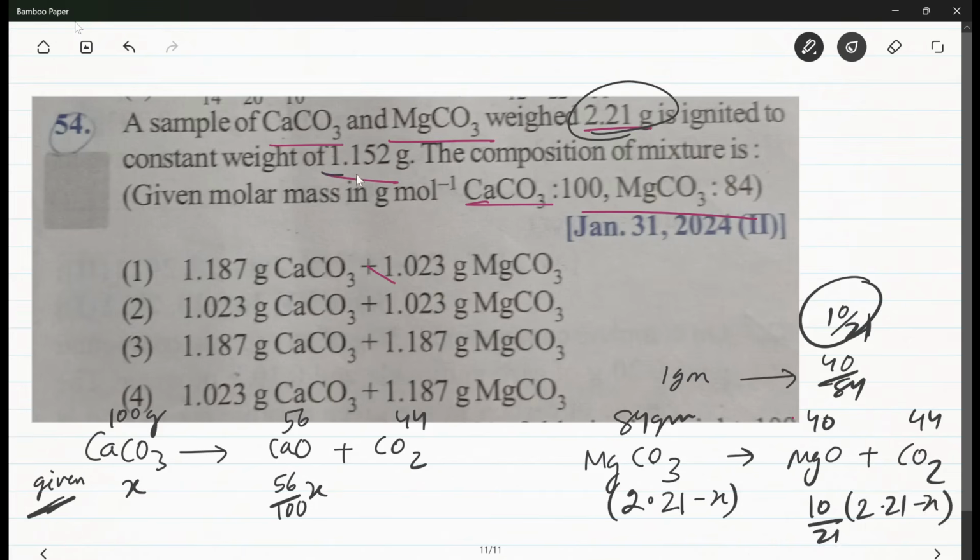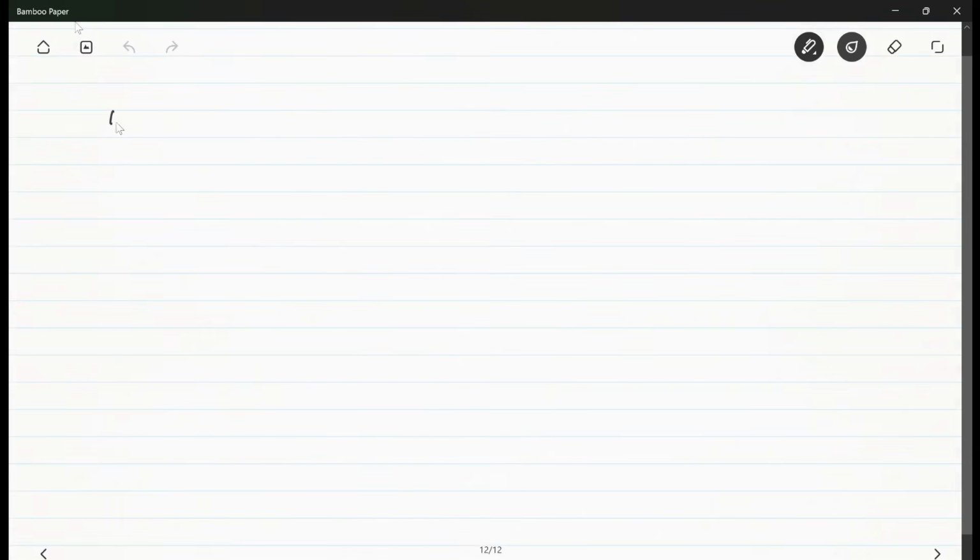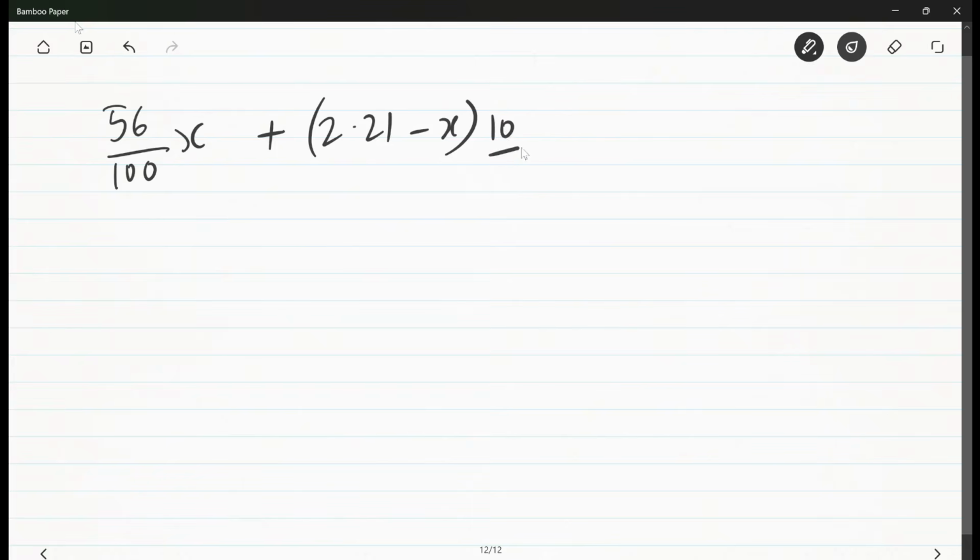Now this total value is the constant weight, because the CO2 will escape. So by solving this constant weight, what is the equation ready? Can you write the final equation? 56 by 100 x plus (2.21 minus x) by 10 by 21, or you can write 40 by 84, whatever.